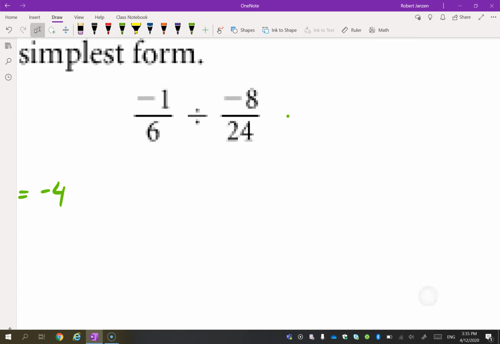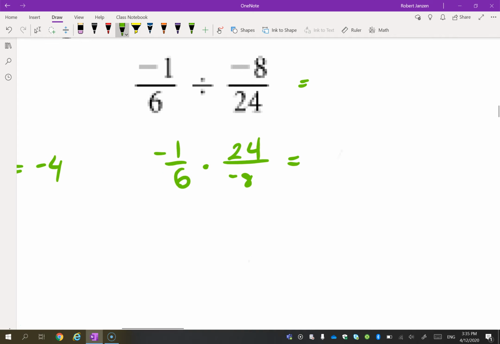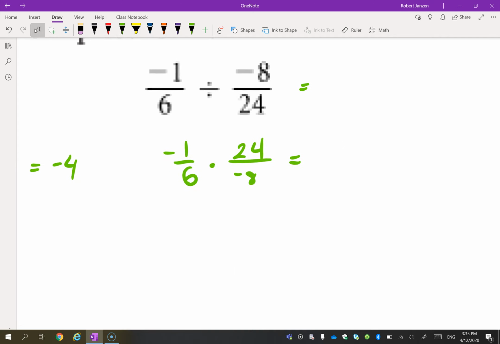Okay, let's do the same thing with this one. Rewrite it as multiplication. By the way, I could put that negative on top. It doesn't matter where you put it, but I don't worry about it till the end. So if I simplify this, I could cancel out a 6 with these two numbers. If I divide this by 6, I get 1.